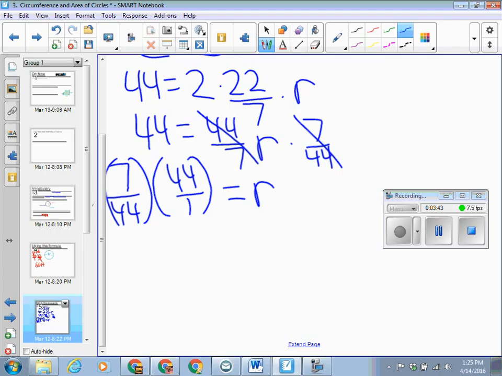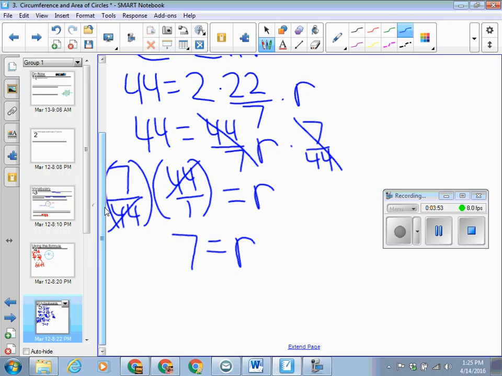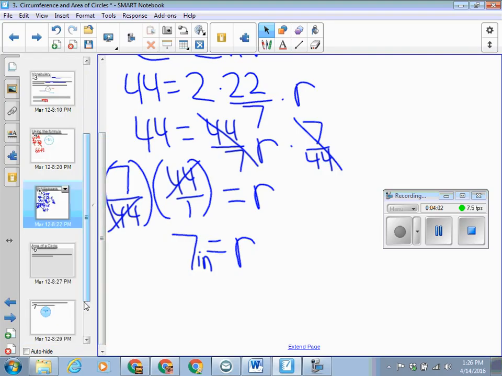And we can easily see we can factor out 44s in both parts of those fractions. So we have a radius of 7. With the unit here, 7 inches. Okay, just working backwards, plugging numbers into a formula and solving the resulting equation. So that's circumference. Use your formulas and just plug in to help you.